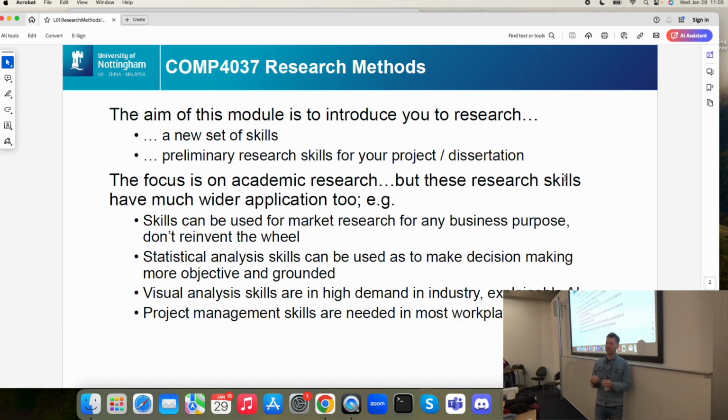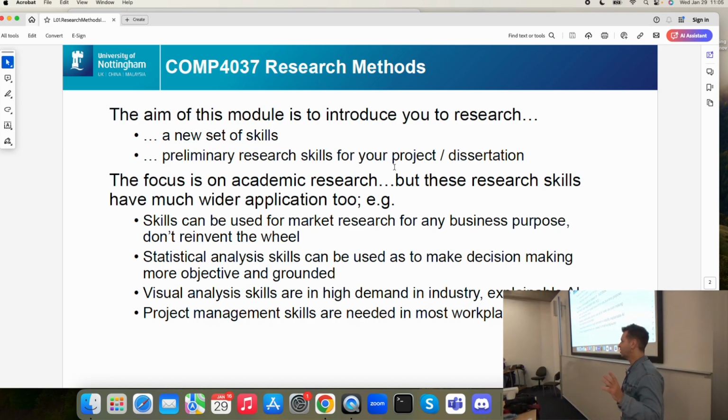If somebody asks you to solve a problem, you search for existing solutions before you reinvent the wheel, right? Statistical analysis skills can be useful to make decision-making more objective and grounded. That's true in this module, but that's true about the rest of the world too. That's not only about this module.